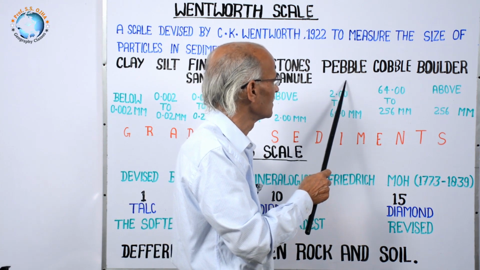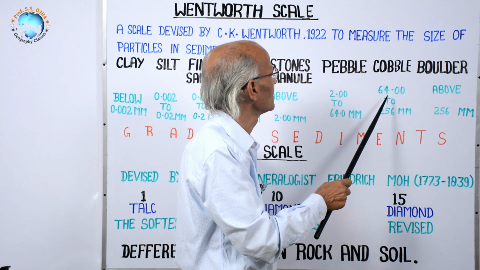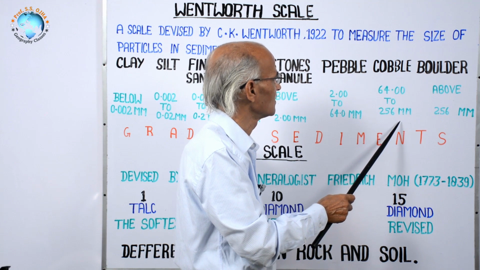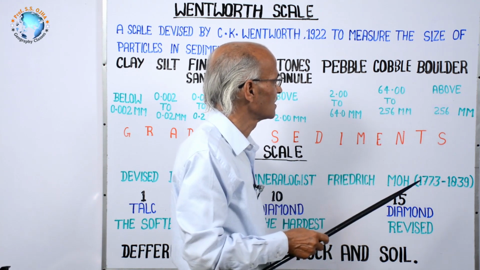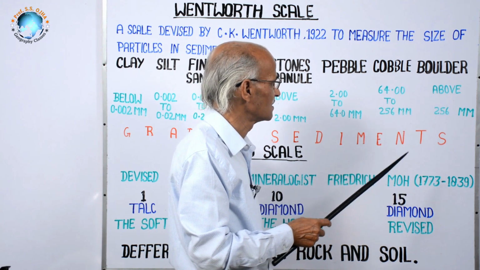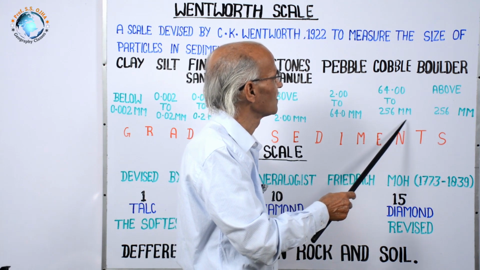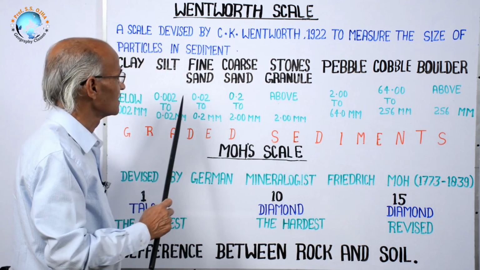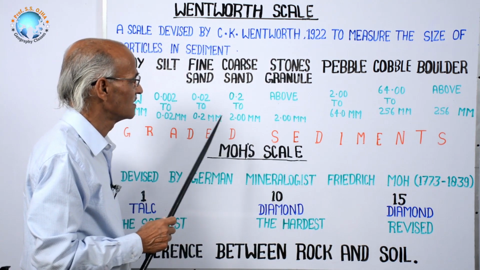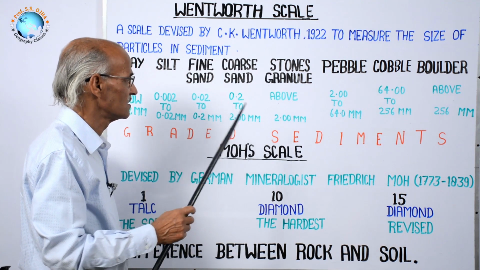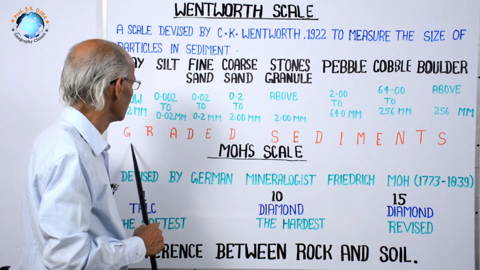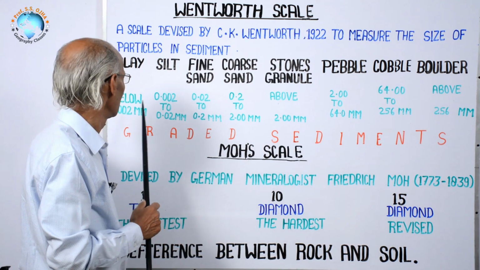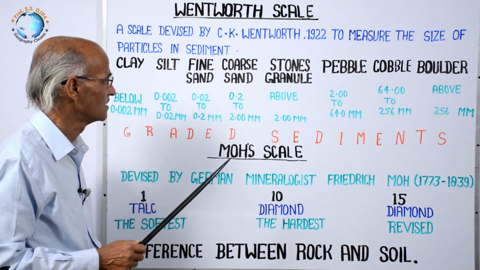Larger than pebble is cobble, diameter of which is 64 millimeter to 256 millimeter, while boulders are of the largest size sediment, diameter of which are above 256 millimeter. So these are the different sediments in size put in a sequence, and this sequence is called graded sediment. Graded means from smallest to largest.